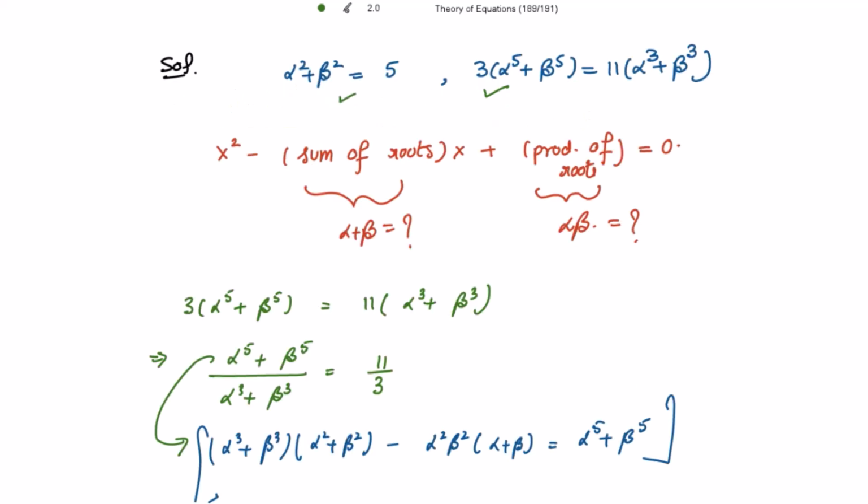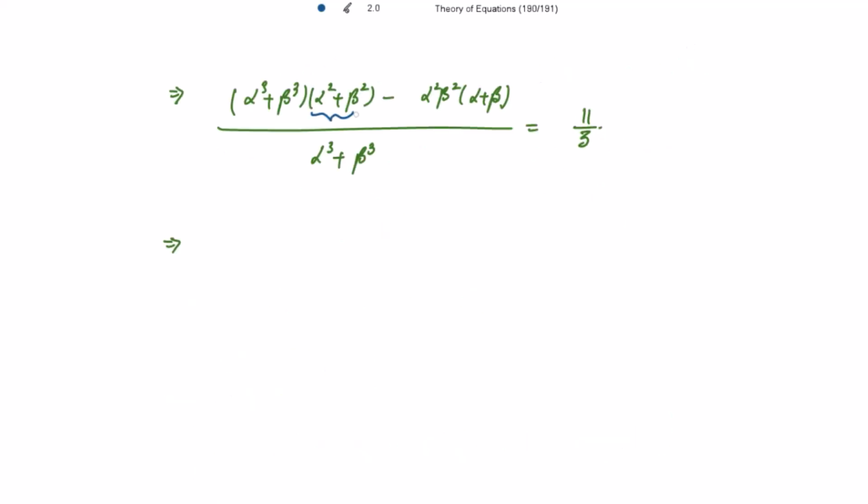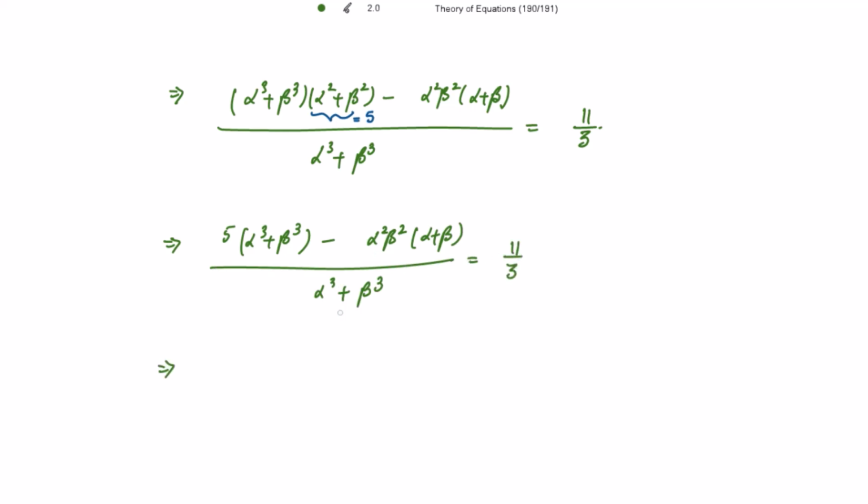In the first condition it is given that alpha square plus beta square is equal to 5. So writing this as 5, this is alpha cube plus beta cube into 5 minus alpha square beta square into alpha plus beta, divided by alpha cube plus beta cube, equal to 11 divided by 3.